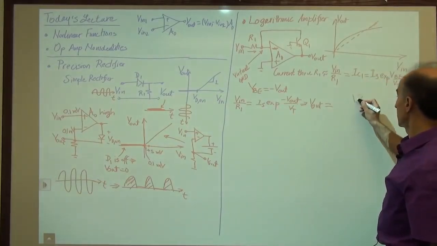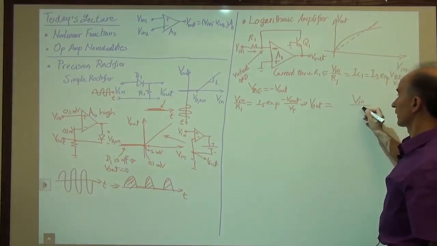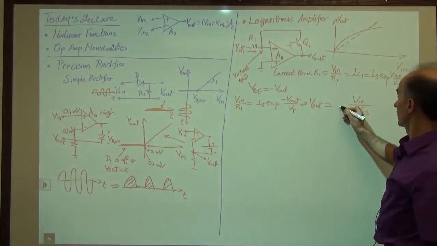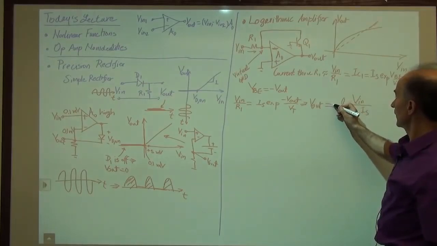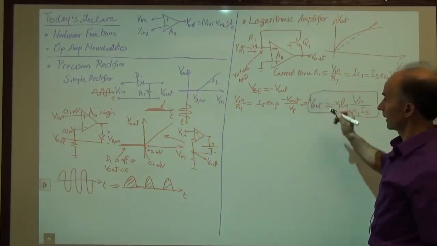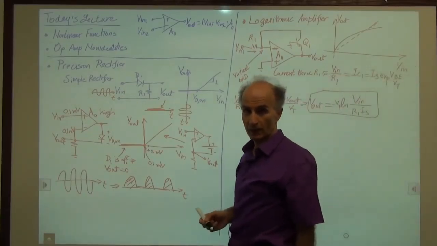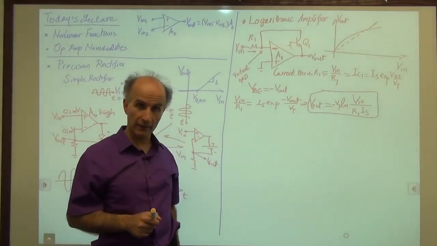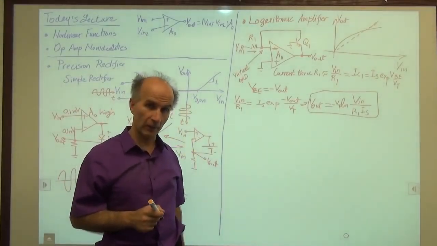So we have Vin over R1 IS, then we have log, then we have minus VT. And this is the equation giving the output in terms of the input. And that is the input-output characteristic of the system, and it's a logarithmic behavior.